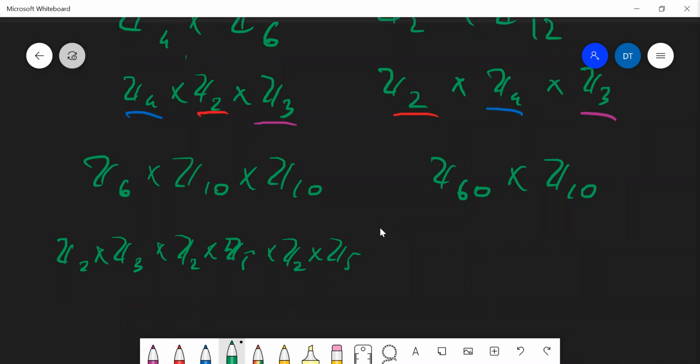And for the second part, we have Z2 times Z5 for the second factor, and 60 is something like 3, 5, and 4. So Z3 times Z5 times Z4. This is how it works.